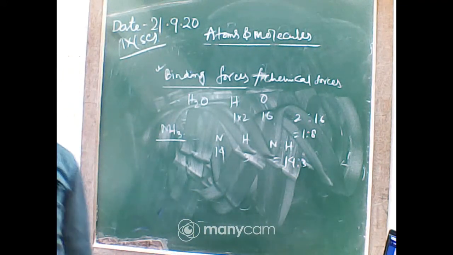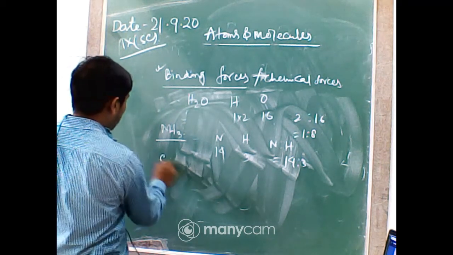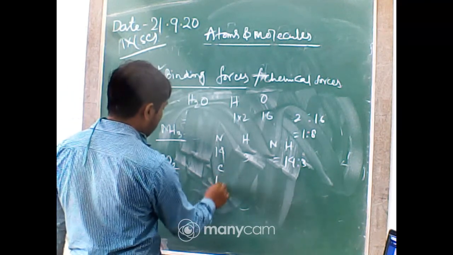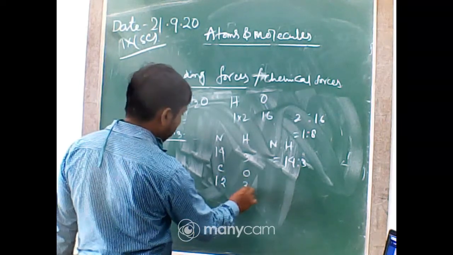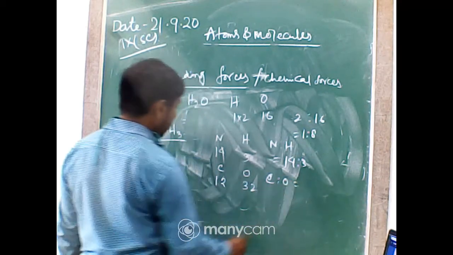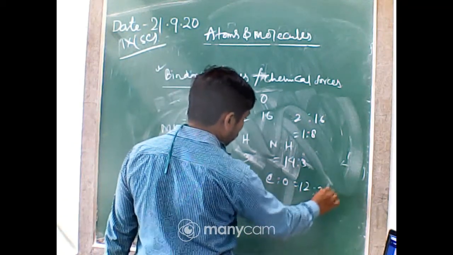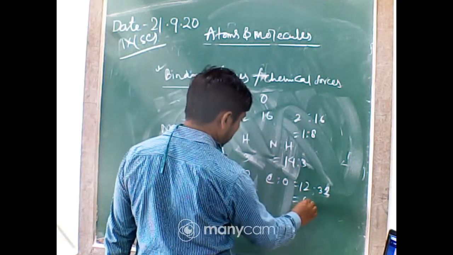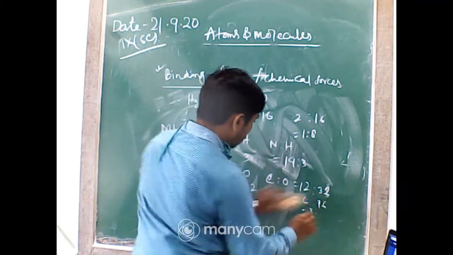Another example, carbon dioxide. Carbon dioxide has the formula CO2, carbon having mass 12, oxygen 32, so C:O is 12:32, which simplifies to 3:8.